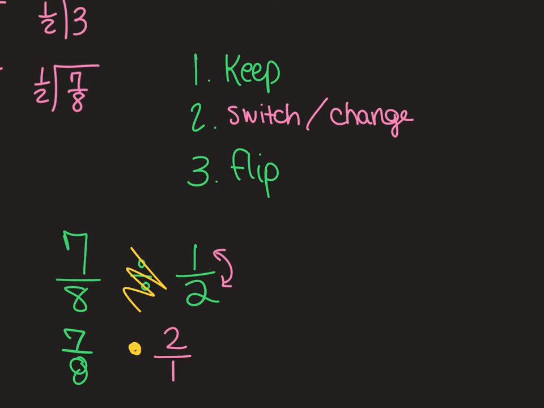That flip, the actual word for flip is reciprocate. If you reciprocate something, you flip. You do the opposite. And in math, it means you change the fraction. The word for this noun is reciprocal. So the reciprocal of 1/2 is 2/1.